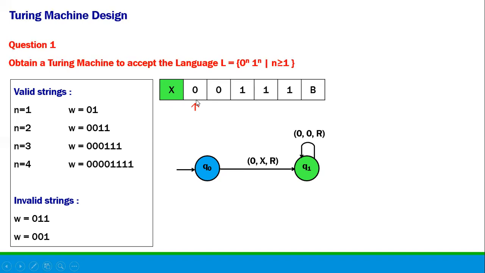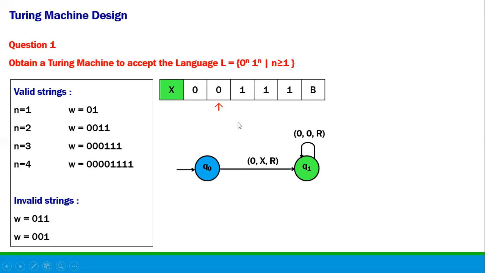Once it is 0, I don't have to alter the contents. Let it be just 0, but I should just move right. So this will be a self loop saying 0, do not change it with anything, just move to right, any number of times. So we have a transition that is a self loop, and I'm in the same state.